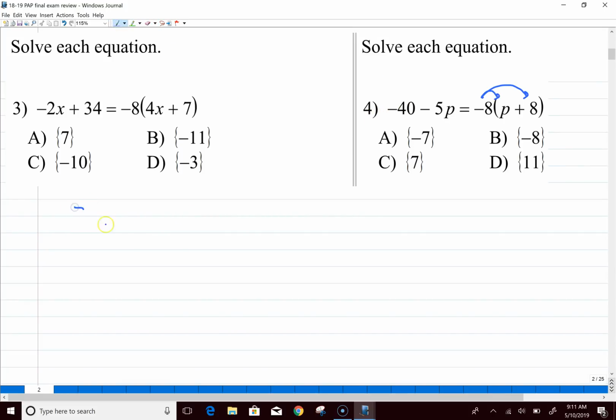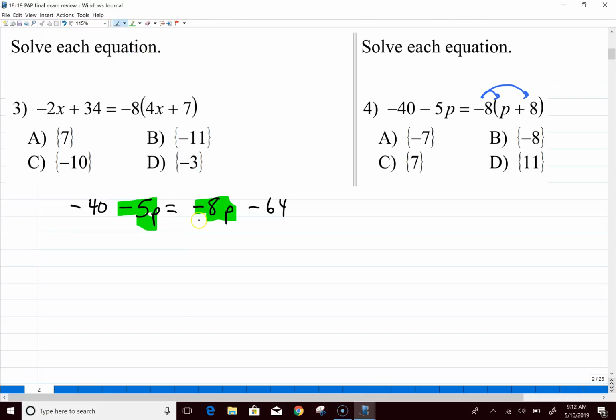So number 4 here, let me write it down here. So it's negative 40 minus 5p is equal to negative 8 times p, that's negative 8p. Negative 8 times a positive 8, that's negative 64. Now remember that when you have letters on both sides of the equal sign, move the smaller one to make it easier.